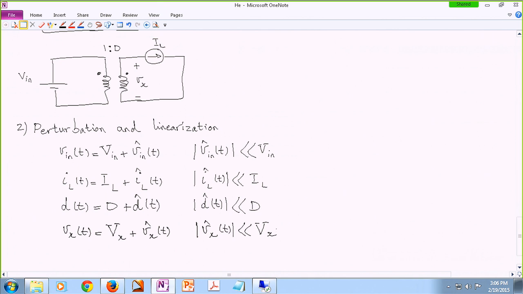And pretty much everything, for instance I1, the primary side current or the source current.